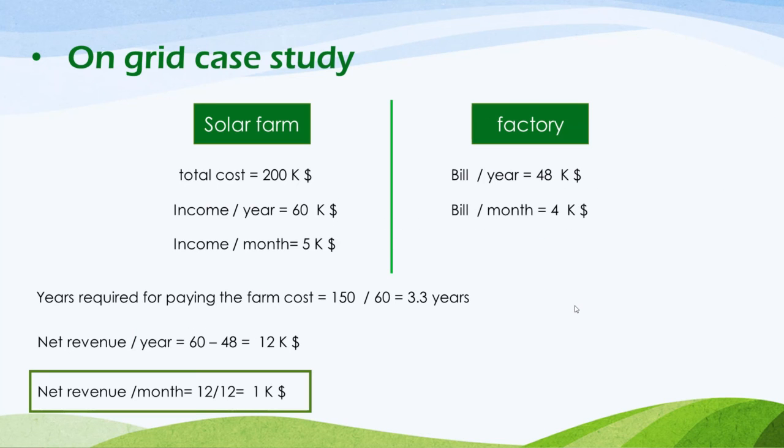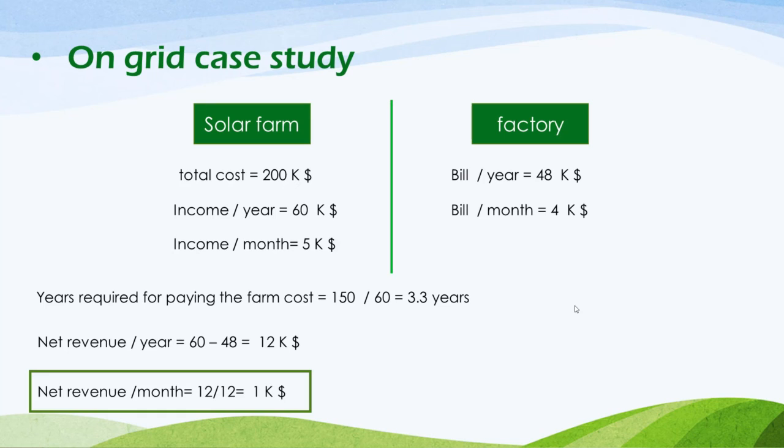So the monthly net revenue will be $12K over 12 months, which is $1K. So, in conclusion, the photovoltaic solar farm has enabled the factory owner to pay his bill for free and also to get an additional revenue of $1K monthly. But this is after 3 years of constructing the farm.